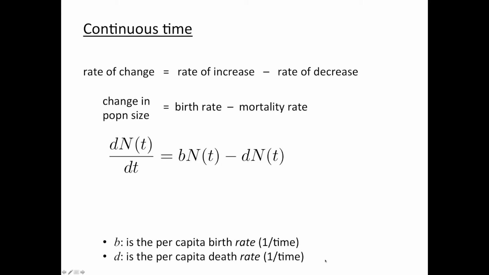So they're per capita rates of birth and death: number of births per individual per unit time, probability of dying per unit time, or per capita death rate per unit time.